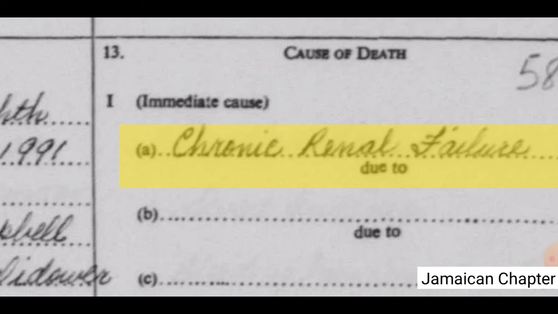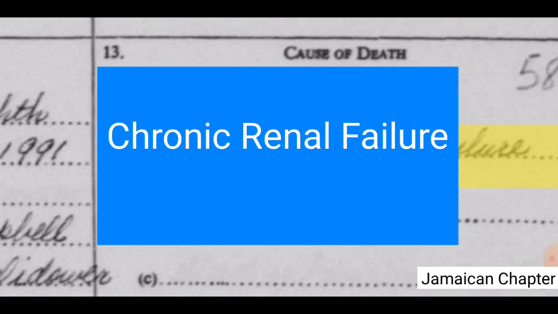And that is chronic renal failure. Chronic renal failure. What is chronic renal failure? The word chronic used there says that he has been suffering, or this has been affecting him over a period of time.